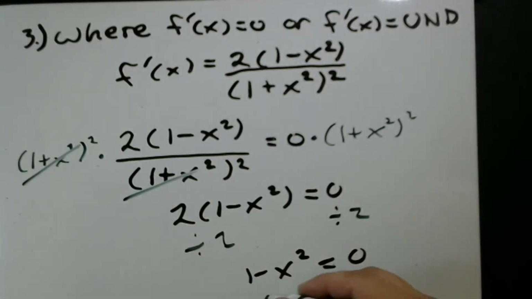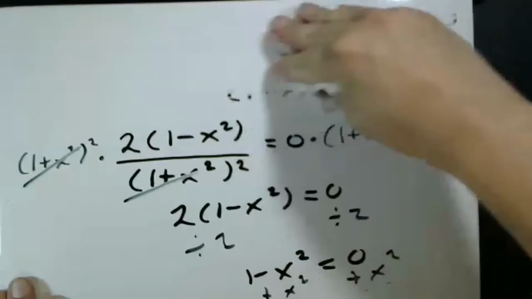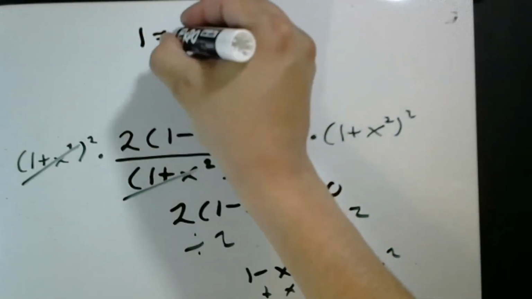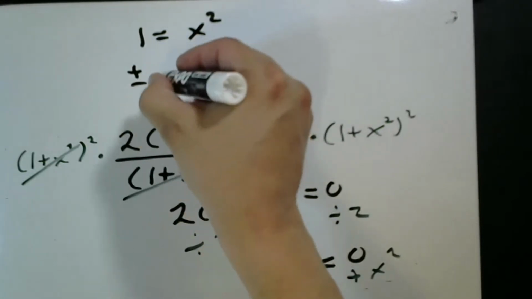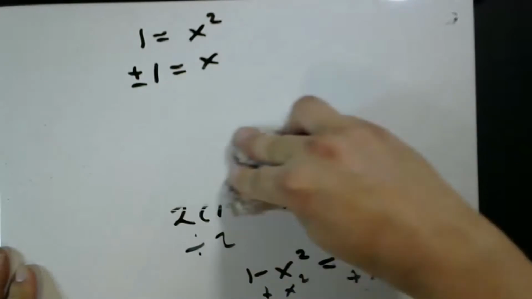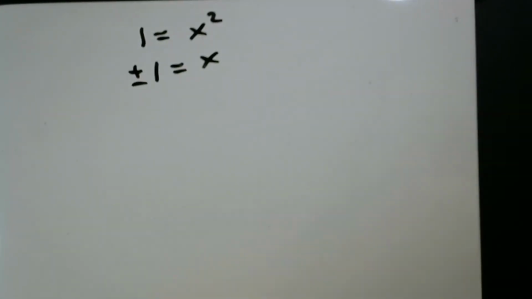And we can add our x squared to both sides. And so we get 1 equals x squared. Square root both sides, we'll get plus or minus 1 equals x. So that's the critical points for this function. X is 1 or x is negative 1.